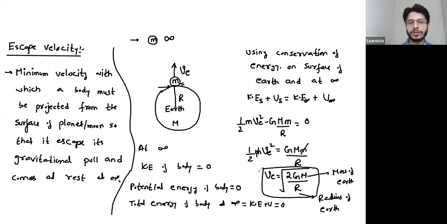So escape velocity is absolutely independent of the mass, shape and size of the body. It depends on the planet from which you are projecting. So if you are projecting from Earth, then the escape velocity will depend on the parameters of Earth, not on the parameters of the body.